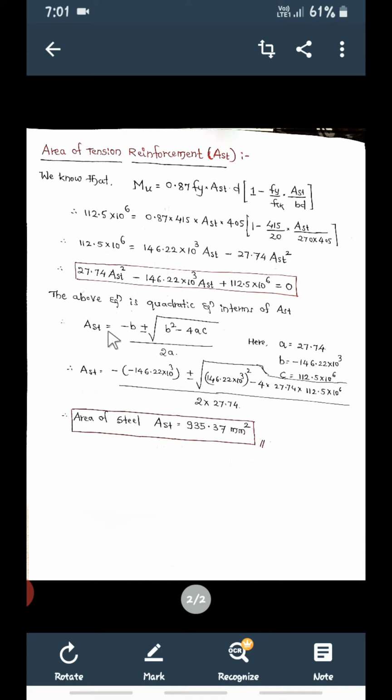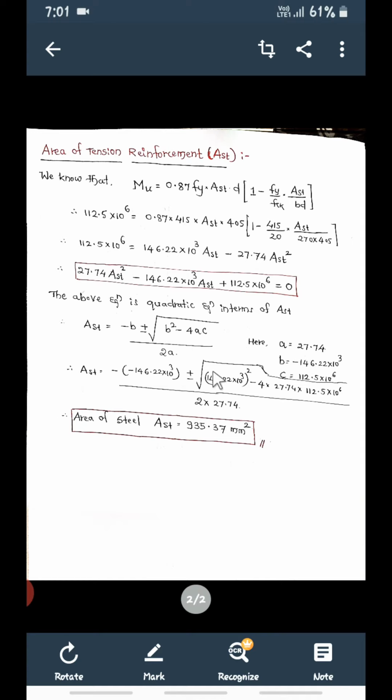So what is the solution? Minus b plus or minus square root of b square minus 4ac divided by 2a. Now write down the terms. A, with sign you have to write. A is equal to 27.74. B is equal to minus 146.22 into 10 to the power of 3, and c is equal to plus 112.5 into 10 to the power of 6.